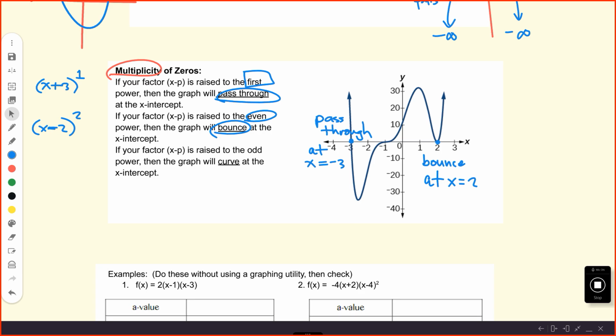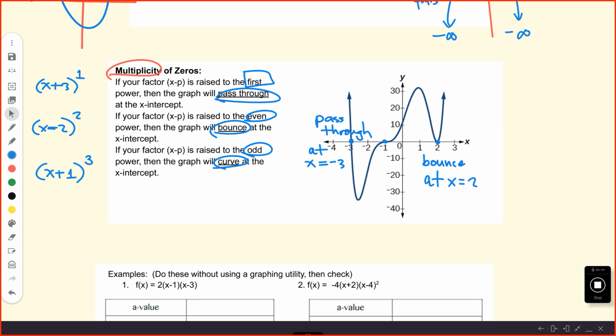Another one: if the factor is raised to an odd power, except 1, because 1 is passing through, odd meaning 3, 5, and so on, then the graph is going to curve. For example, if this is the graph where the graph curves at x equals -1, I can write this as x plus 1 as a factor raised to the power of 3.